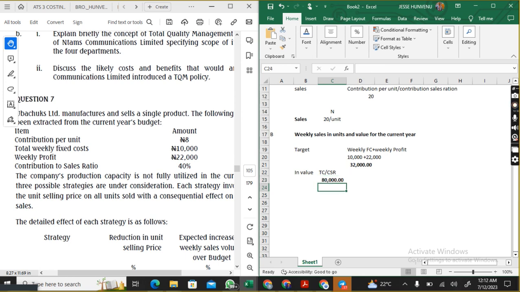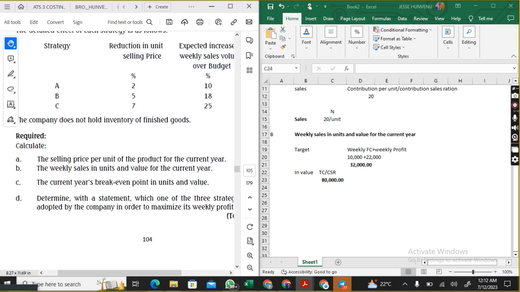Good. Now we said weekly sales in units and in value. In units, this is our overall unit sales for the year. To convert it to units, we have gotten our sales per unit, which is 20 naira per unit. So that means in a week they sold 80,000 naira in value, but we want to know the units of that value.